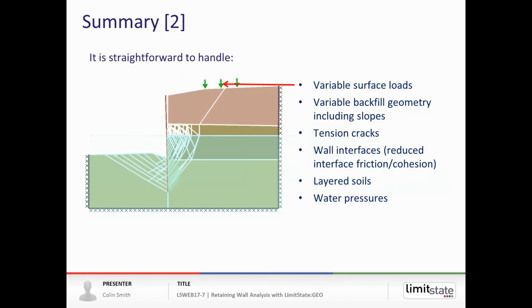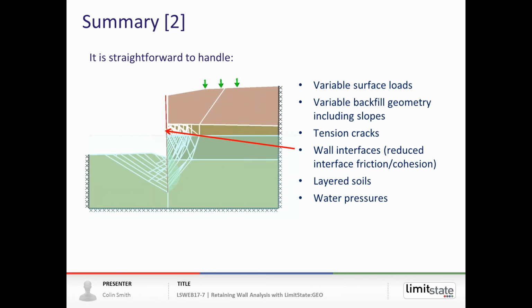With respect to retaining walls, it's quite easy to handle variable surface loads with different positions. We can handle variable backfill geometry, including slopes behind the wall. Didn't actually illustrate this, but we can use the software to model tension cracks in the soil that form between the soil and the wall if we've got cohesion in the soil.